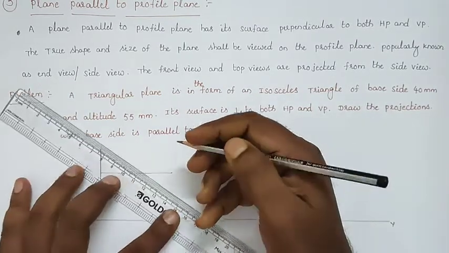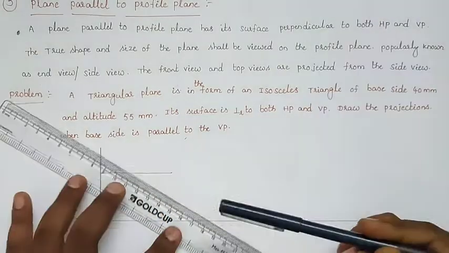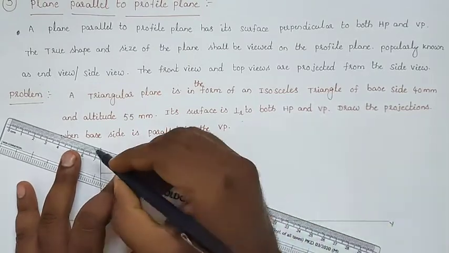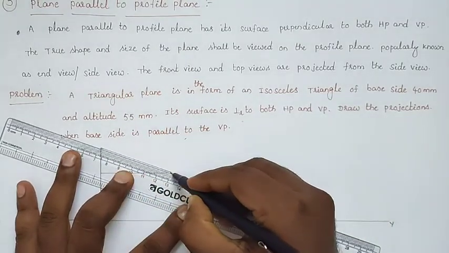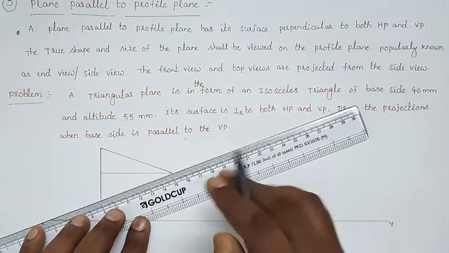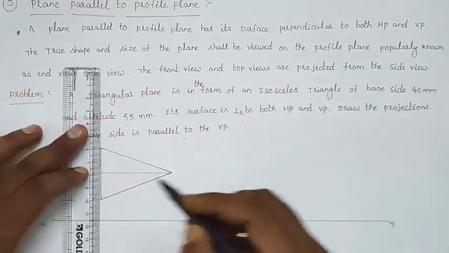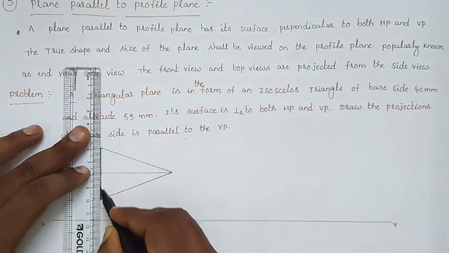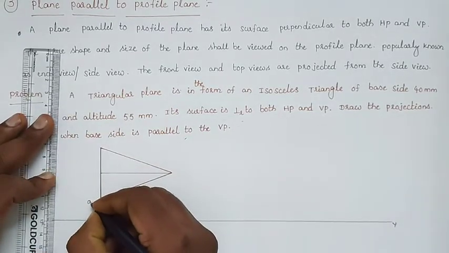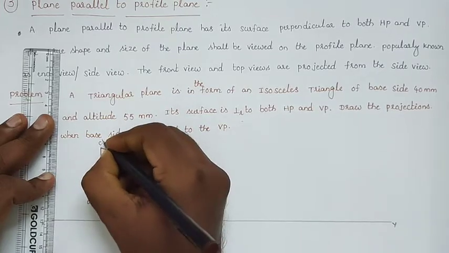And construct an isosceles triangle by joining the points. I am naming this isosceles triangle A double dash, B double dash and C double dash.